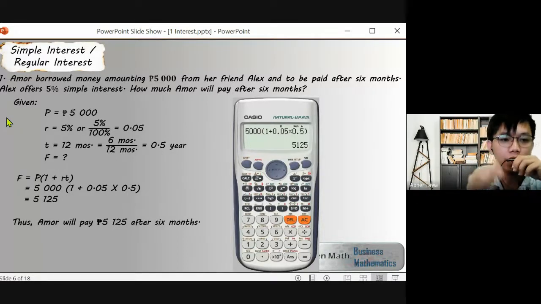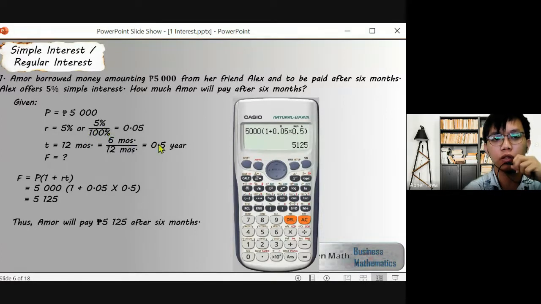Okay. So here in the rate of interest, thank you for that question. It is already given that when we rewrite a percentage as a decimal, always divide it by 100%. The 100% is like a constant already given, so it won't change. Always 100%.